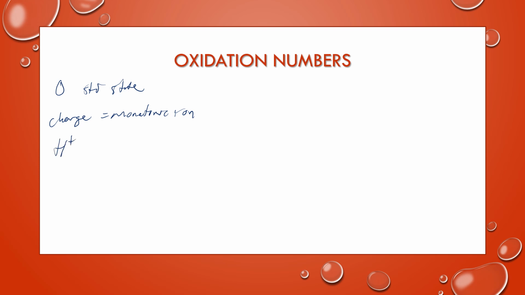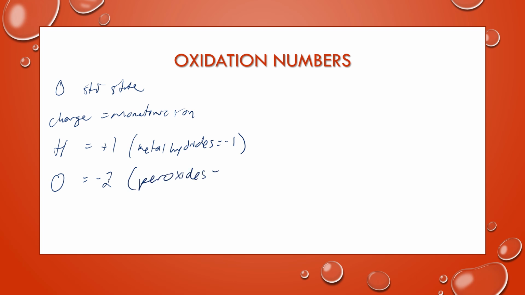Hydrogen in a compound has an oxidation state of +1, with the exception of metal hydrides, where it's -1. Oxygen in a compound is -2, with the exception of peroxides, where it's -1. And then everything else you're going to add up to the charge on the compound.